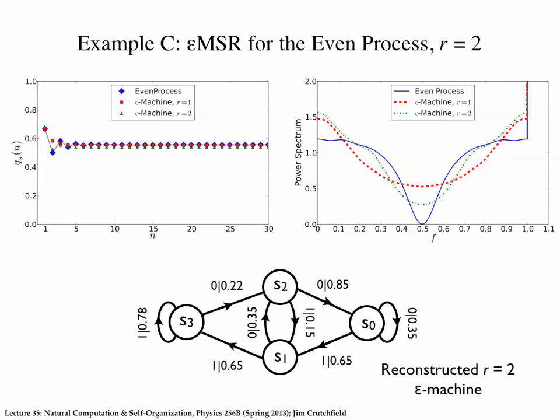This sequence is not forbidden in our reconstructed epsilon machine, and it is in the original process. So it's certainly progress, and certainly a good college try, but we are missing some stuff. We are missing some stuff. So, questions?